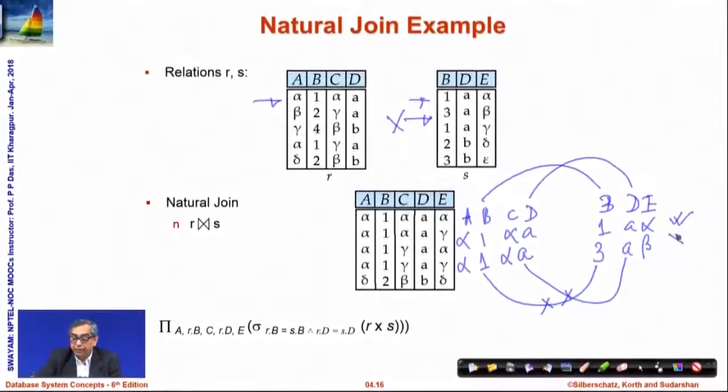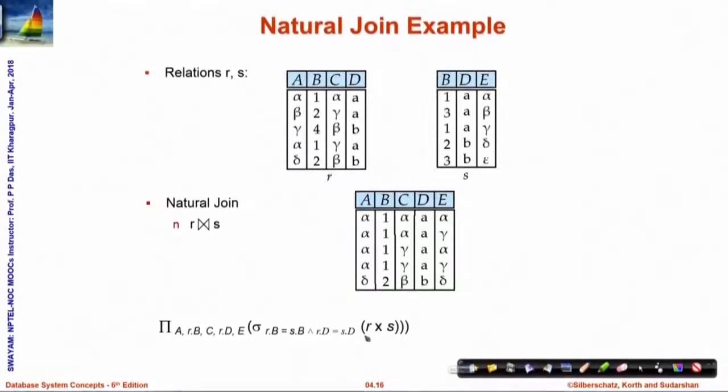So, this particular entry will not go in the final result. So, you take the Cartesian product and you only retain those rows where the values match for the identically named attribute.